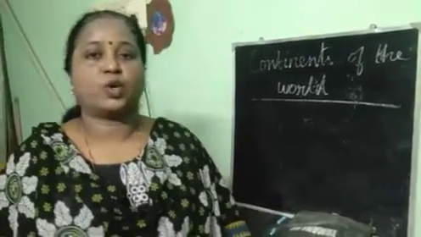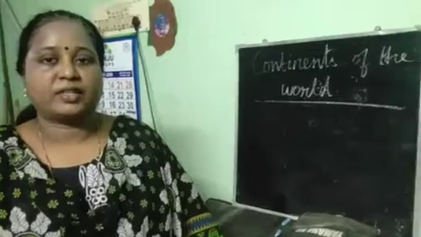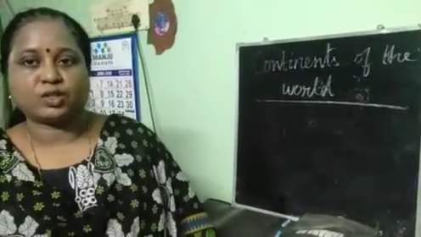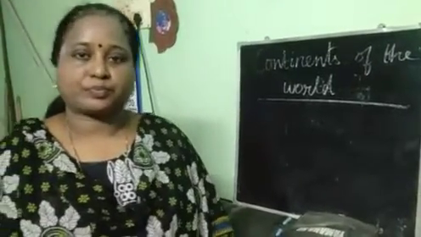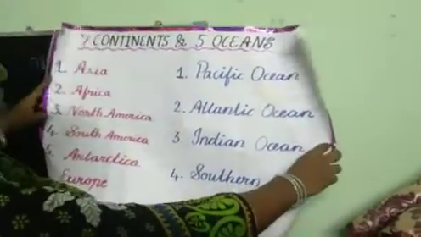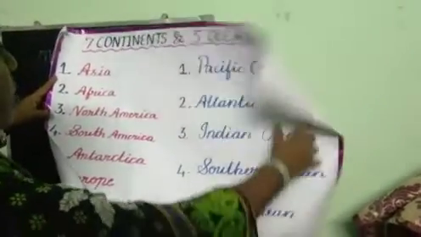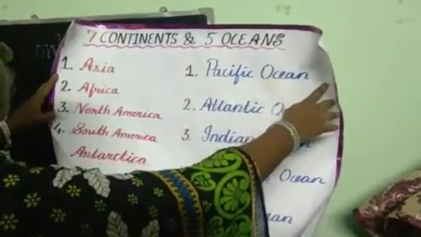Today's session we are going to see the different types of continents of the world. A chart which depicts the continents and oceans also. You can do a chart like this and hang it in your classroom so that you can remember the names of 7 continents and 5 oceans.